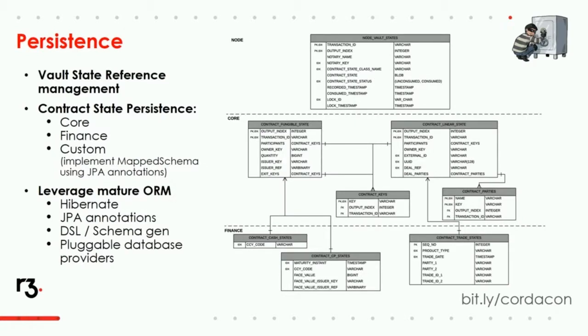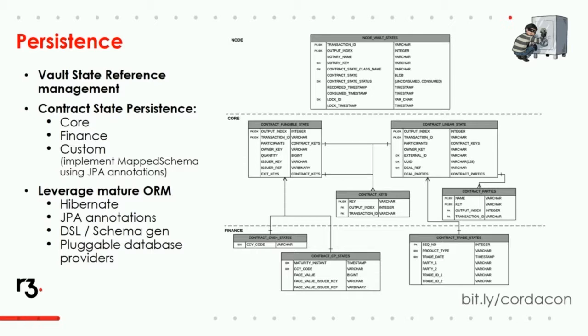So persistence. As I mentioned, all contracts in Corda have states. That state is always persisted to an immutable data store in a serialized form. It's also persisted into the vault in a serialized form with attached metadata. So the table at the top is effectively our vault states table.